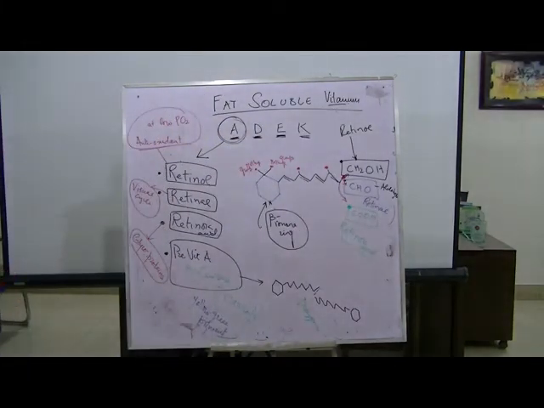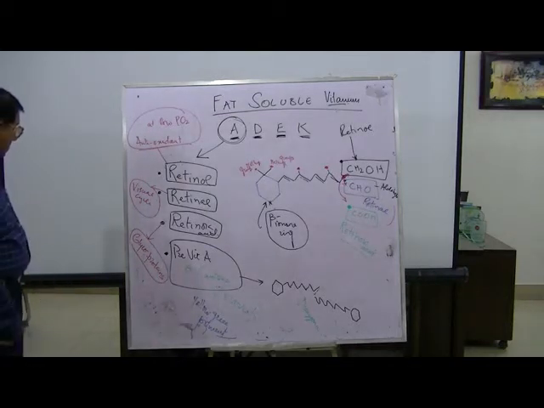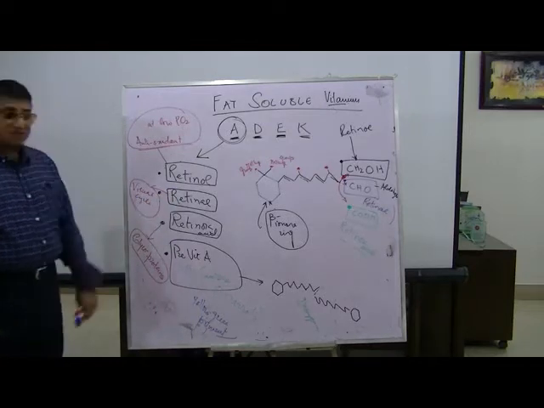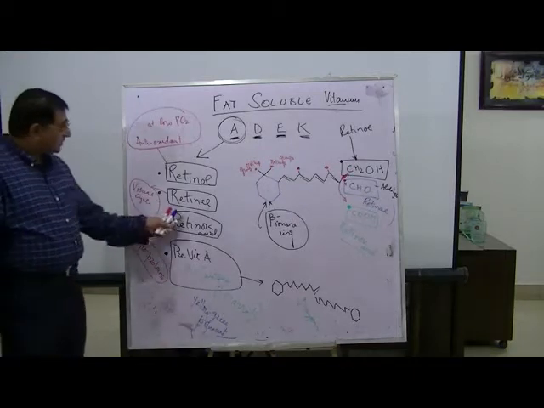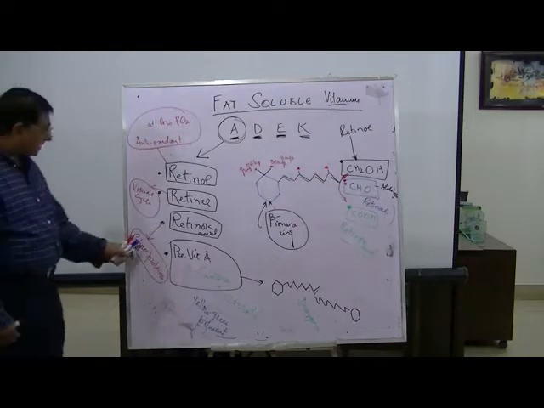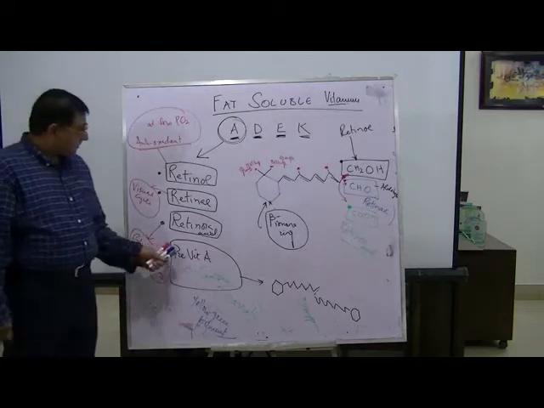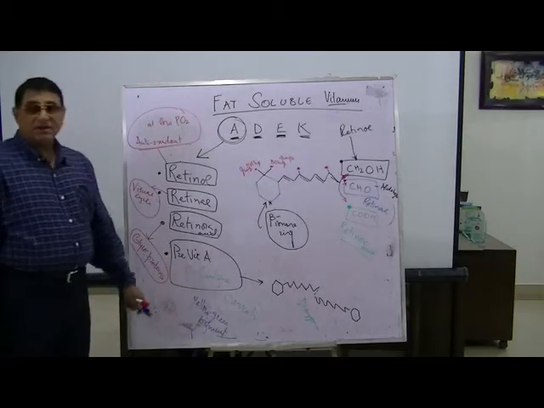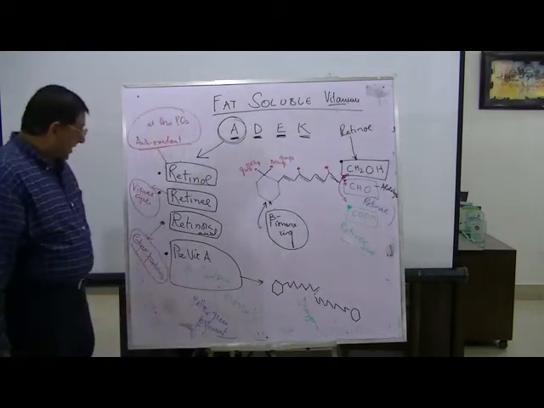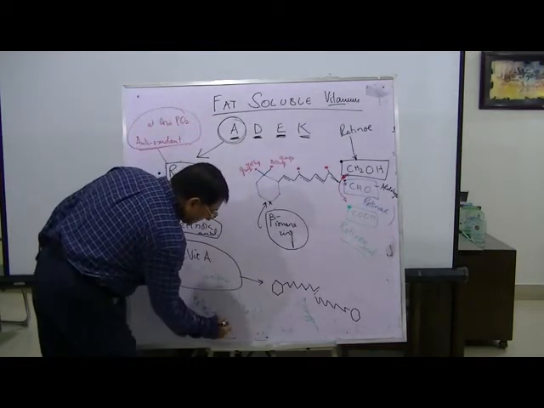Now they have got different functions. Retinol has an antioxidant function at low partial pressures of oxygen. Retinal has a function in the visual cycle. Retinoic acid is a part of your glycoproteins. And also, the fourth form is pre-vitamin A, that is beta carotene. It is a part of your carrots and it is the yellowish green pigment.